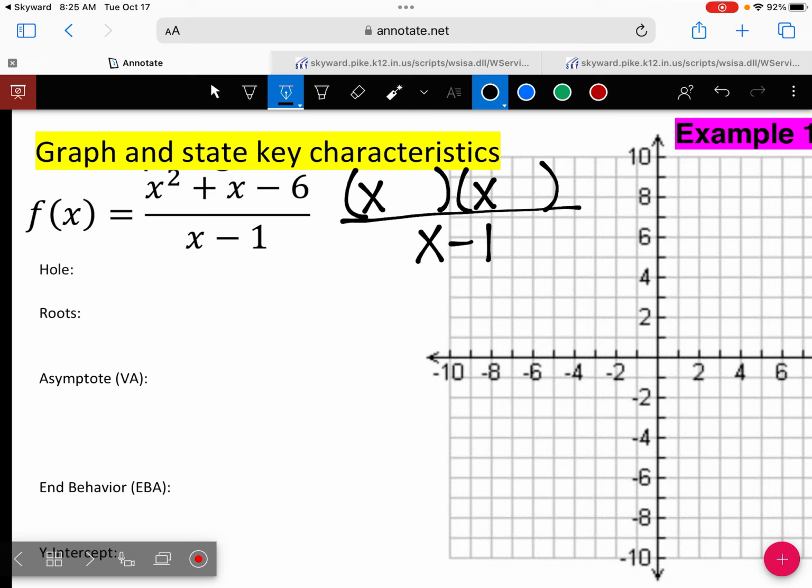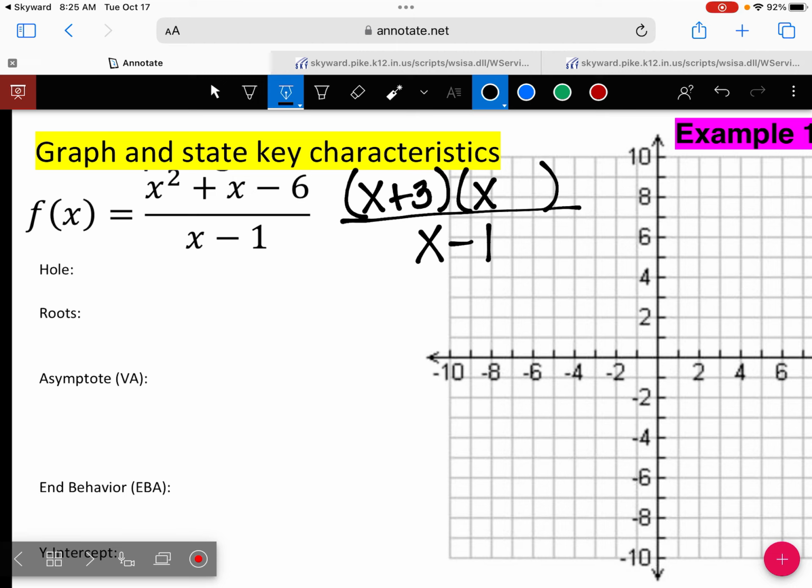So you need two numbers that multiply to be -6 and add to 1. What numbers multiply to give you -6 and add to 1? 3 and -2. +3 and -2.